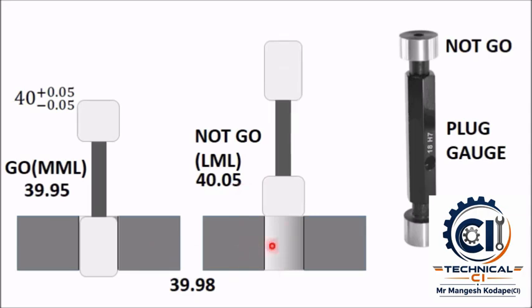If this hole is more than 40.05, then it will also go inside, so we will reject it. Or if the hole size is less than 39.95, then the go gauge will not go inside. That means both the go and no go gauges will not go inside, and in that case we will reject the plate. This is how limit gauges work. Thank you for watching this video.